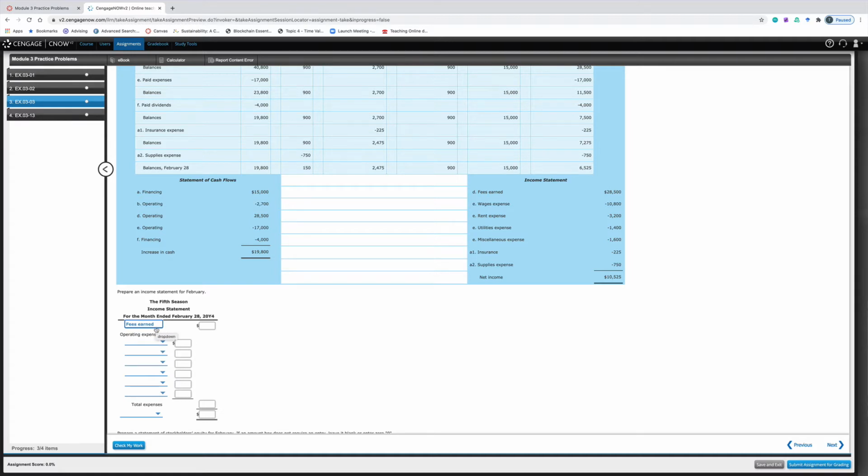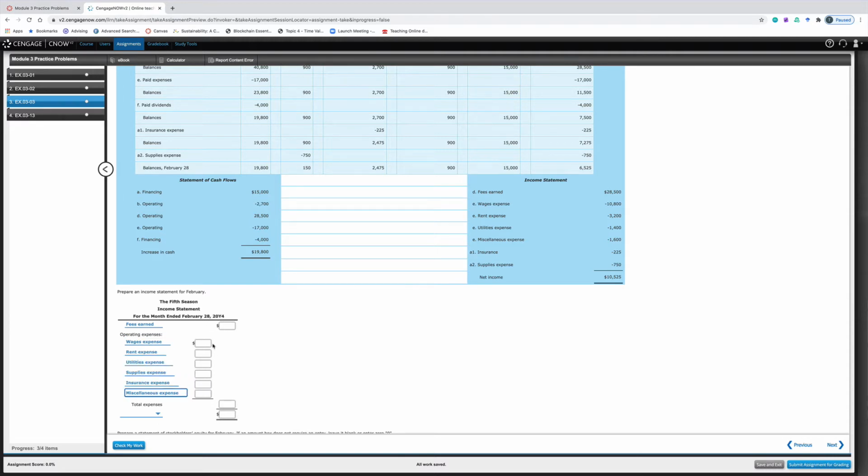So our fees earned is the top, right? That's our revenue. And then operating expenses include wage expense. I can tell you that the word expense is a dead giveaway here, right? You just pick all these items: utilities expense, supplies expense, insurance expense, and miscellaneous expense.